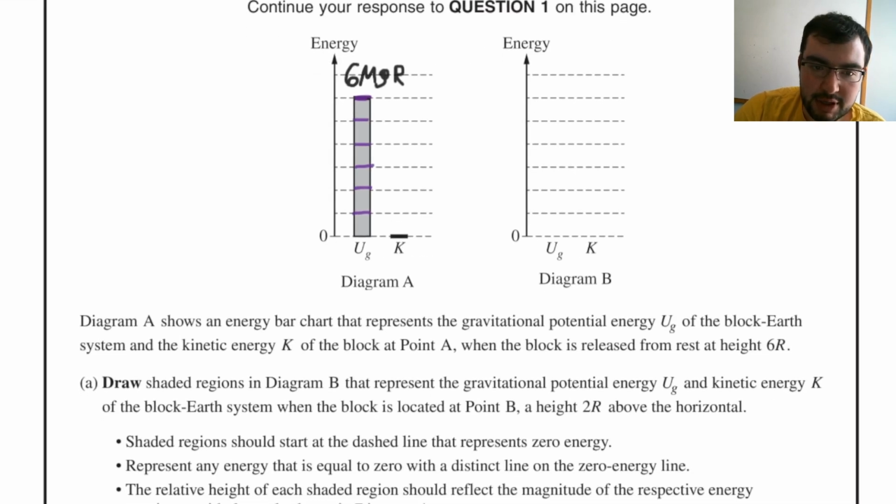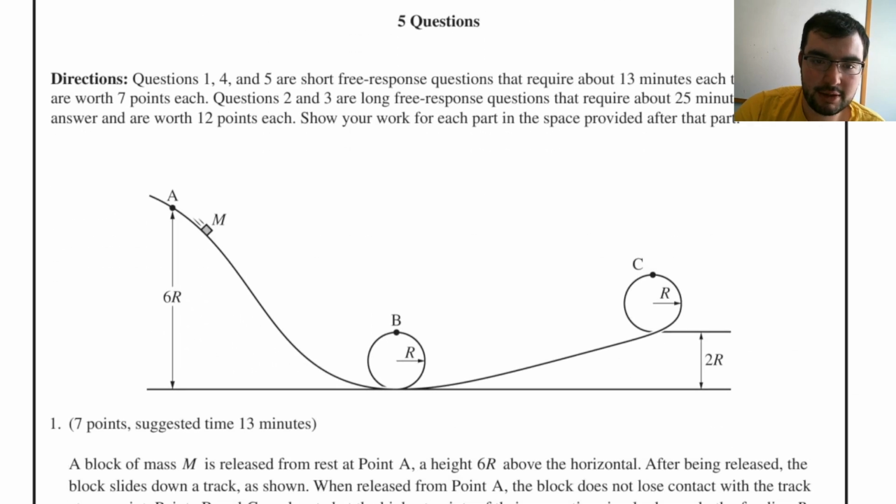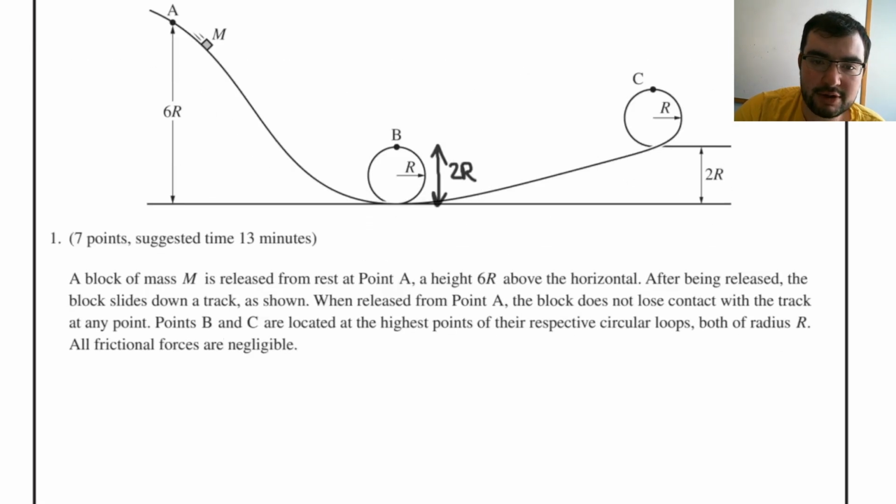So diagram B is where we're going to put it once it reaches the top of that first loop, which is a height 2r above the horizontal. So that makes sense, because if the whole thing is 6r and our loop has radius r, well, that means that B is going to be 2r above the ground.